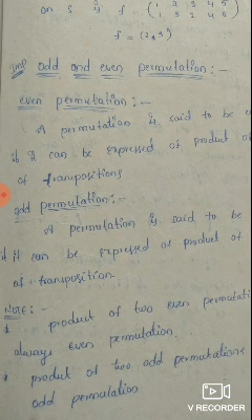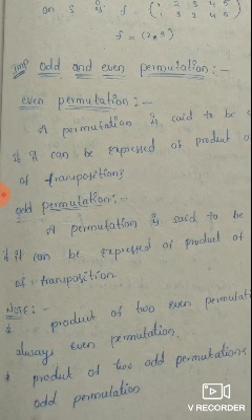Now suppose we are given 1 2 3 4 5 6 7 mapping to 2 3 4 1 5 6 7. Here we got a cycle. That cycle is (1 2 3 4). Here we have to find out whether this permutation is an odd permutation or an even permutation.